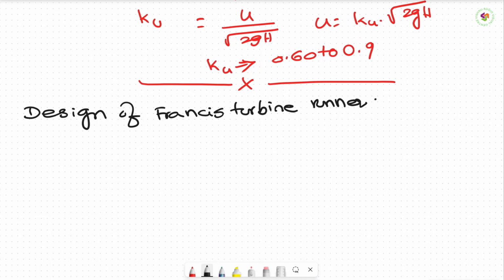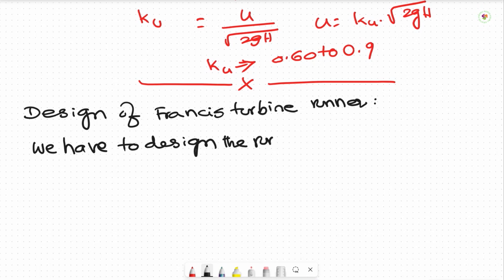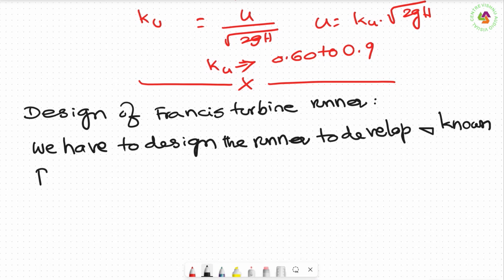What do you mean by the design of the Francis turbine runner? Basically, we have to design the runner to develop a known power. This is the first thing.